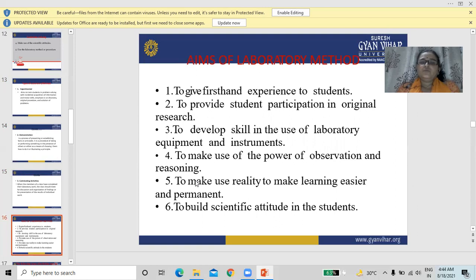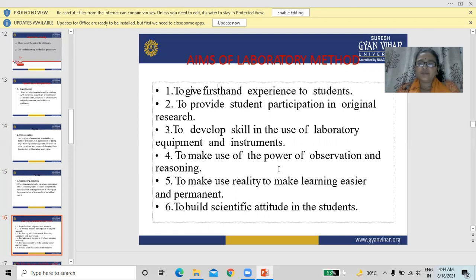To give first-hand experiences to the student. Next is to provide student participation in original research.